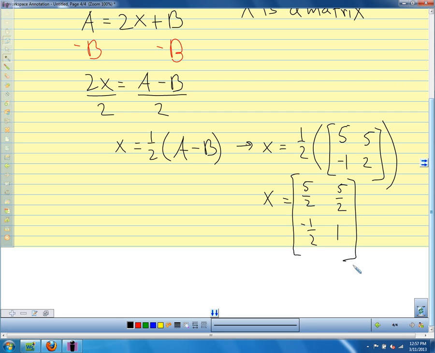So I solve a matrix equation just like I solve an equation with a regular x and regular numbers. Questions on that example?